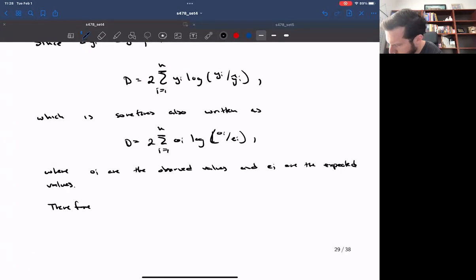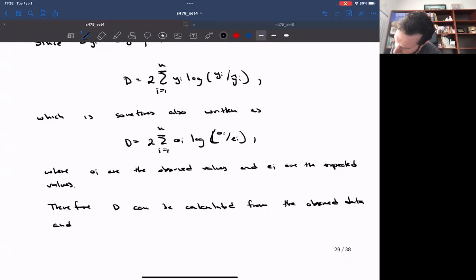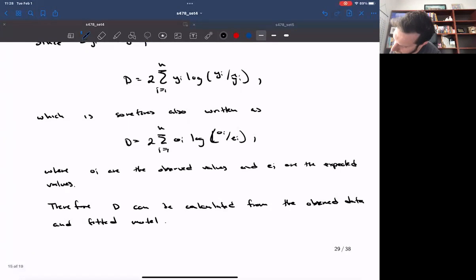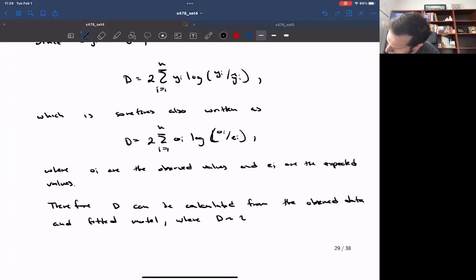Therefore, D can be calculated from the observed data and fitted model, where D is distributed chi-square n minus p.